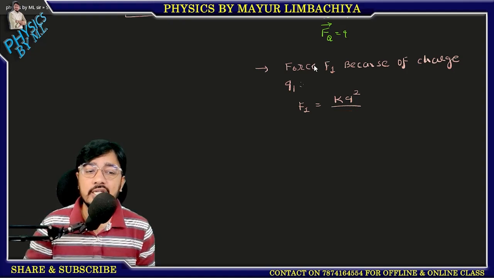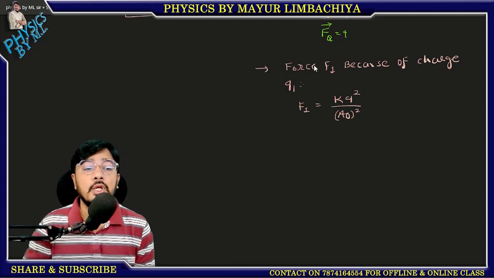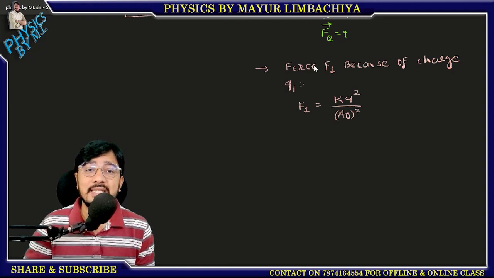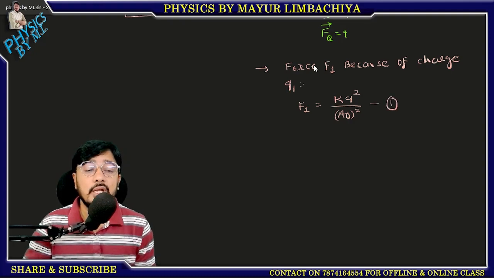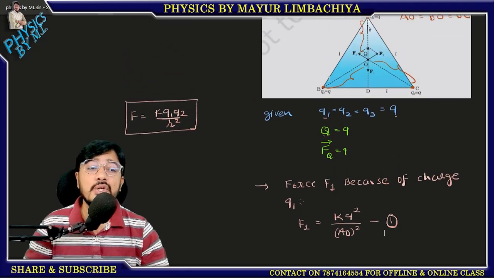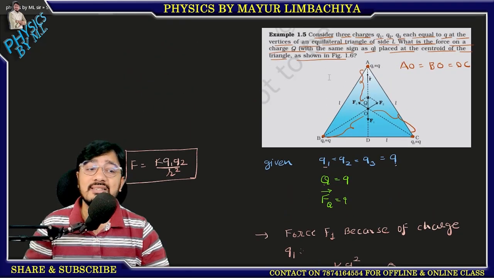For the Q1 Q, the distance will be AO square. So here my first task is to find out AO, BO and CO. To find out AO, BO and CO, can I use the trigonometry formulas?